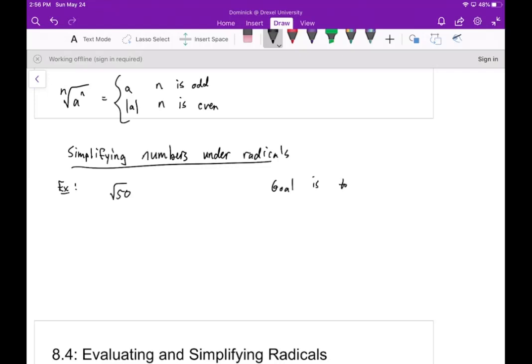is to write 50 as the product of two numbers where one is a perfect square.